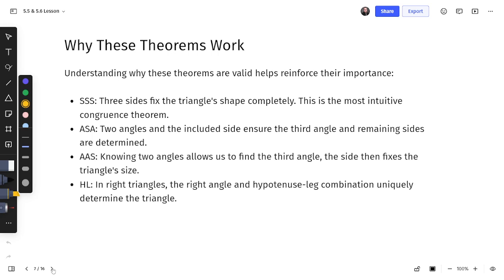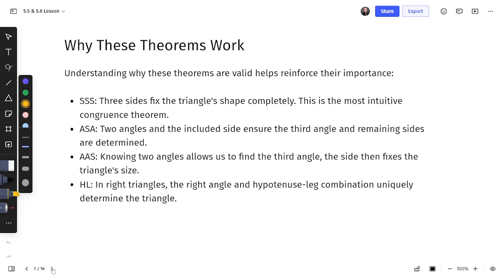For the angle-side-angle theorem, 2 angles and the included side ensure that the third angle of that triangle and the other 2 sides are determined by the ones that you already know. For all of these theorems, we could theoretically solve for all of the rest of the angles and sides, or at the very least prove that they are congruent based on these theorems. But these theorems are basically like a shortcut, saying we don't have to do that.